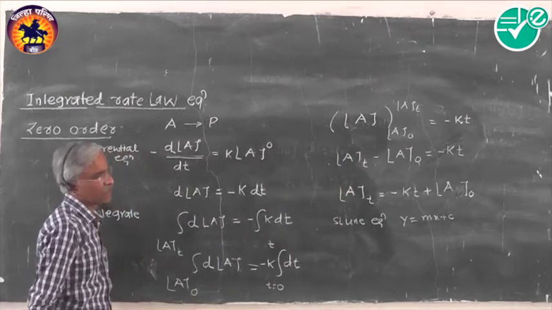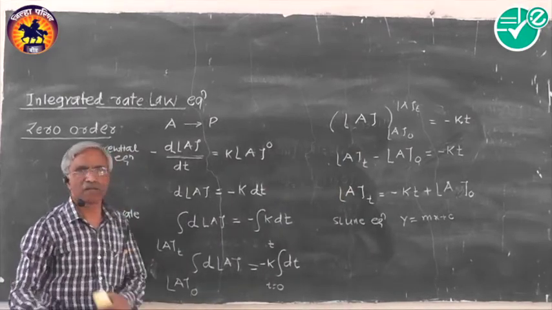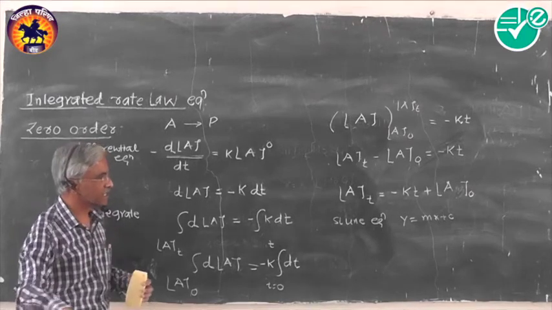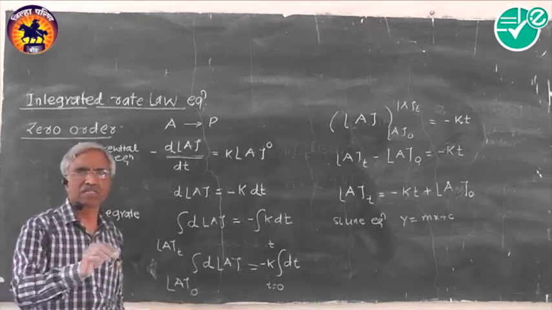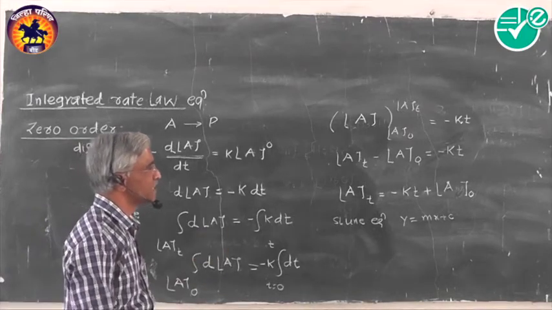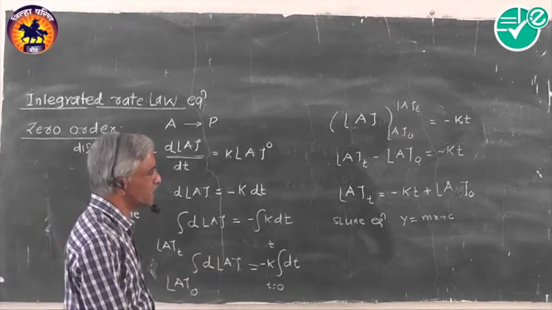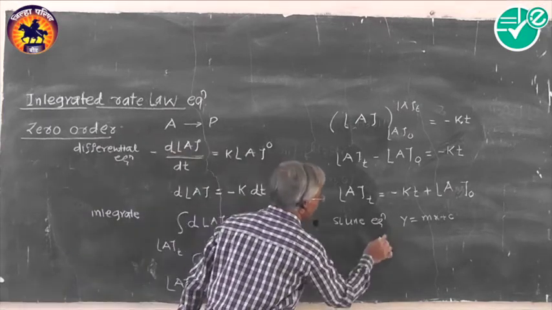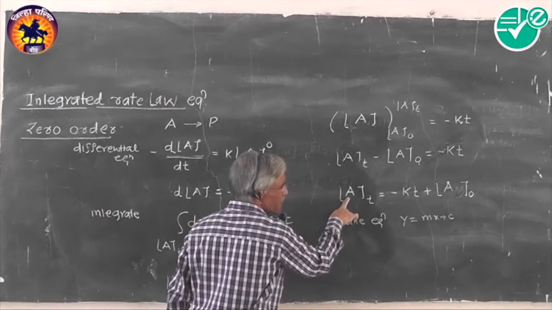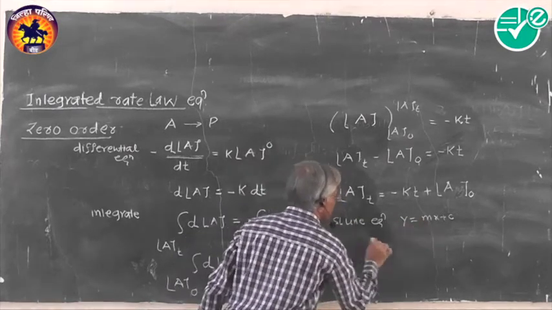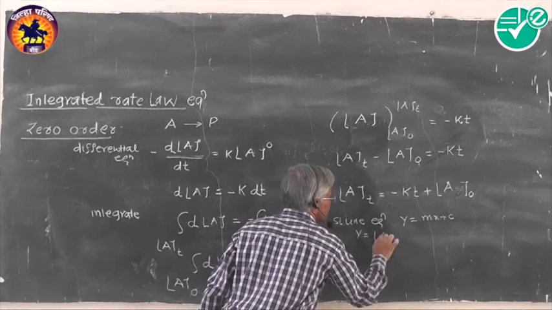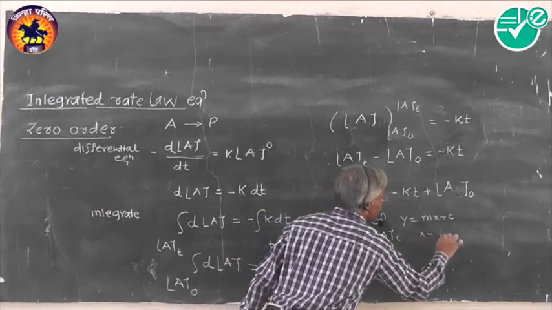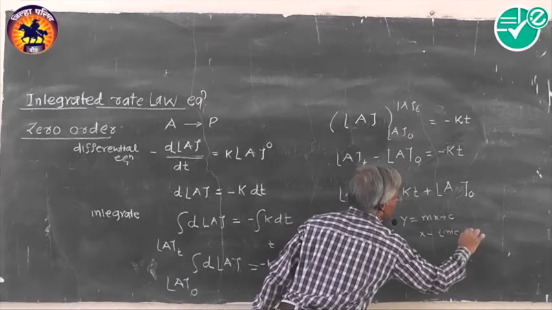In mathematics also, when we are going for a graphical method, we are comparing the equation, their values for study for suitable equations which are available, and the suitable equation is from the straight line. y equal to mx plus c, where y is the function, concentration of A at a time t, x the function is that of time t.